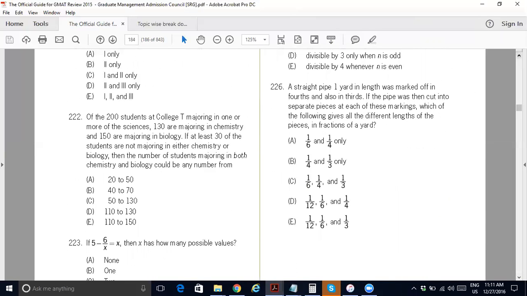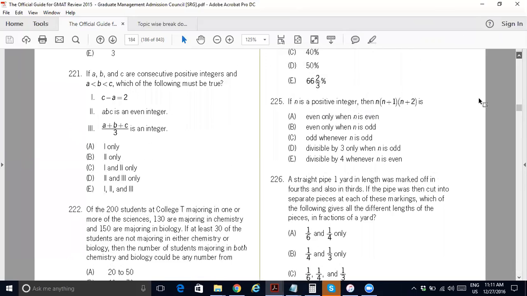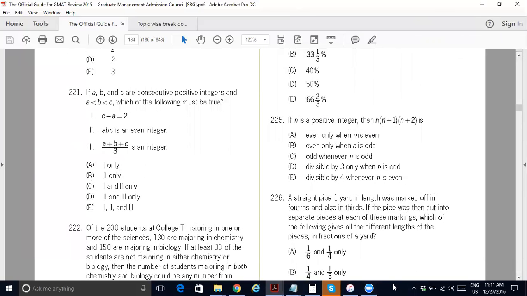Question number 225. Did you try this one? If n is a positive integer, then n into n plus 1, n plus 2 is even only when n is even, or when n is odd.